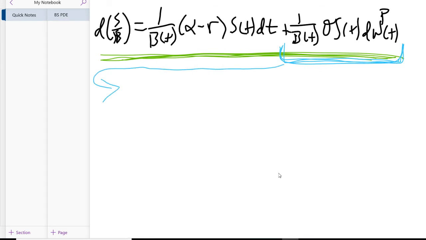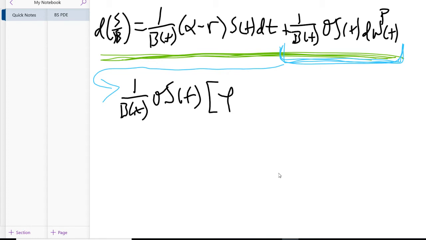So that, of course, is just going to become 1 over bt sigma St, and then times the Girsanov result of phi dt plus the Wiener increment, but now under measure Q.